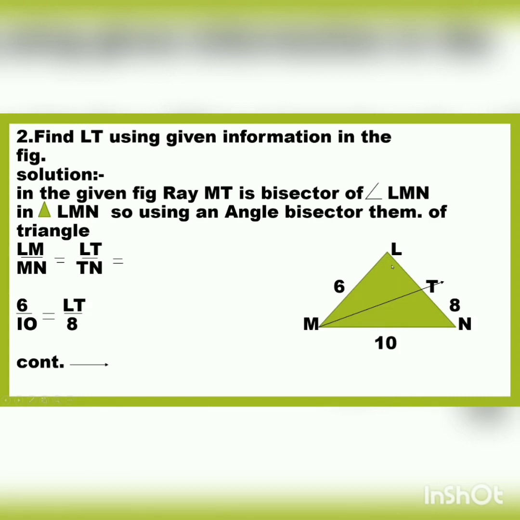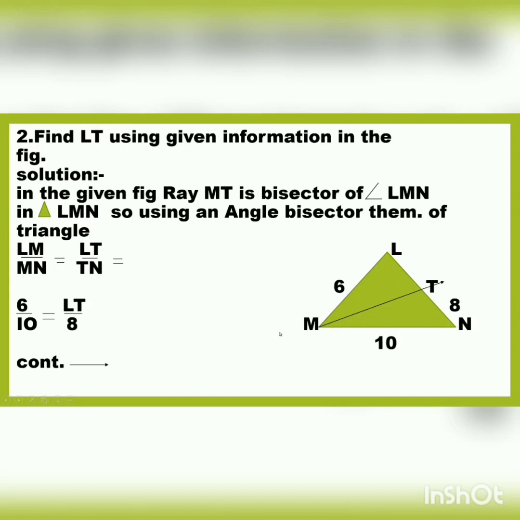Again, listen carefully. I take the ratio from the vertex, LM upon MN. The next ratio I also take from the vertex, LT upon TN. Don't make a mistake in taking the ratio of both.